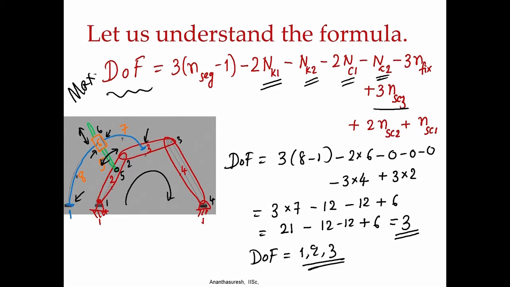Okay. So, when you apply Grubler's formula directly to this mechanism by treating 7 and 8 as rigid bodies, whatever degrees of freedom you get, if it is less than 1, we say 1 degree of freedom is the minimum freedom for a compliant one. If it is more than 1, whatever that has will be the degrees of freedom. Okay.